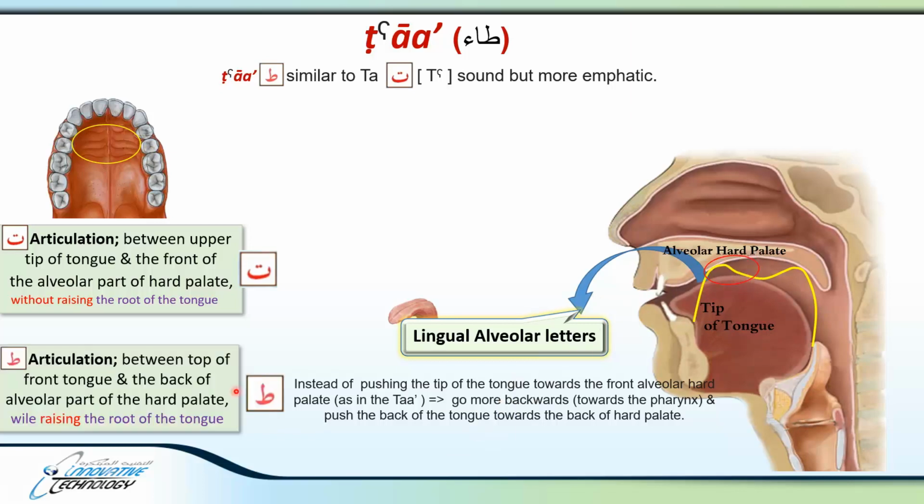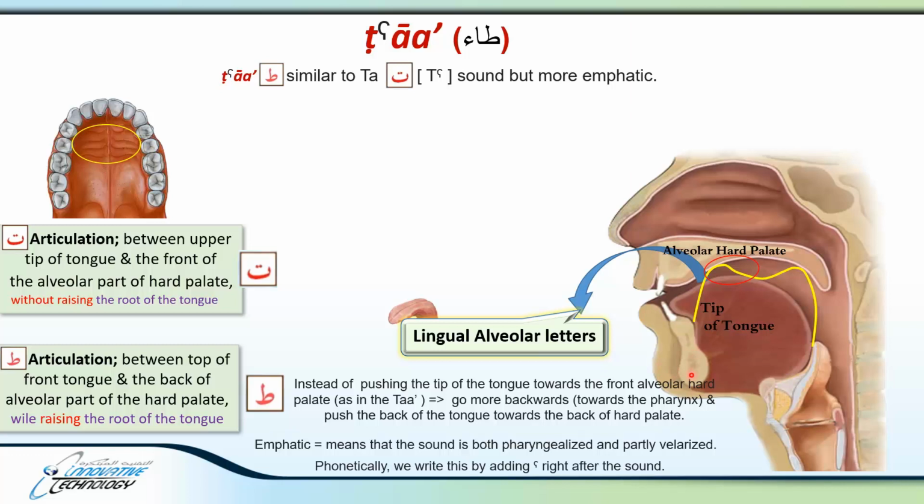Emphatic means that the sound is both pharyngealized and partly velarized. So as we pronounce it, we push the articulation point more towards the pharynx. Phonetically, we write it by adding this little reversed question mark behind the t or after the t.